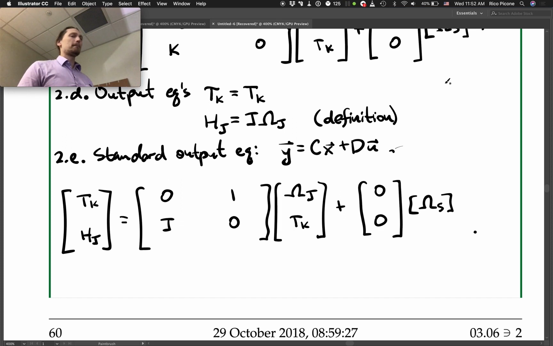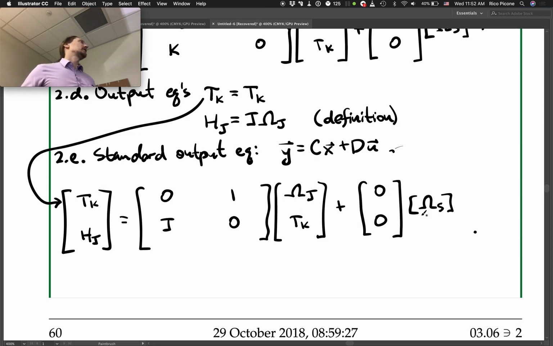The last part with your standard output, where are you getting the 0 and 1? I'm rewriting this equation in this row. Tk equals 0 omega J plus 1 Tk plus 0 omega s. And then HJ, there's a J, so this one goes there: J omega J plus 0 Tk plus 0 omega s. Yeah, perfect. Thank you. Sure.